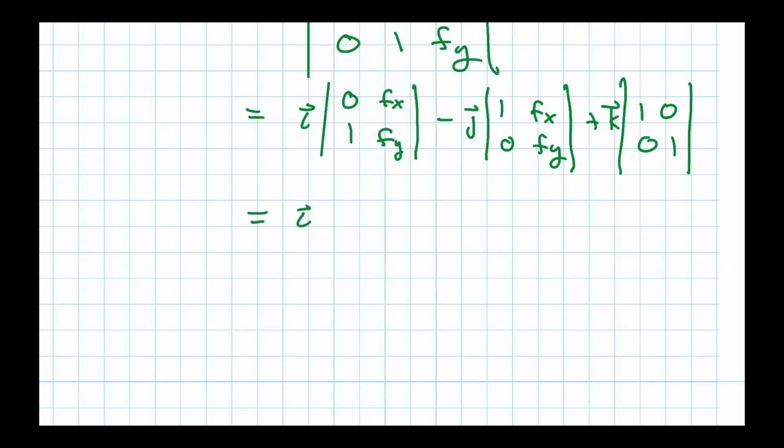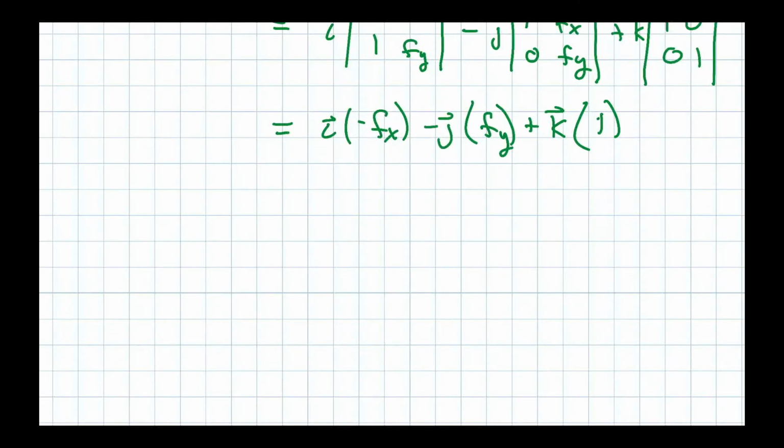So for the first one, it's going to be i, and then 0 fy minus fx, and then minus j, and then you have fy minus 0, and then you have k, and that's 1 times 1 minus 0 times 0, so just 1. All right, and so if I write it in this triangular bracket notation to make it easier to look at, we'll have negative fx, here negative fy, and then 1.